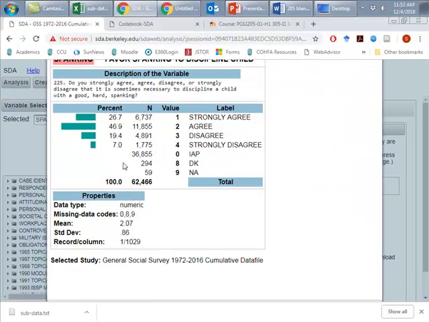So in the file that I just downloaded, for the spanking, I have actually 4 responses that are of interest to me. Do you strongly agree, agree, disagree, or strongly disagree that it is sometimes necessary to discipline a child with a good, hard spanking?